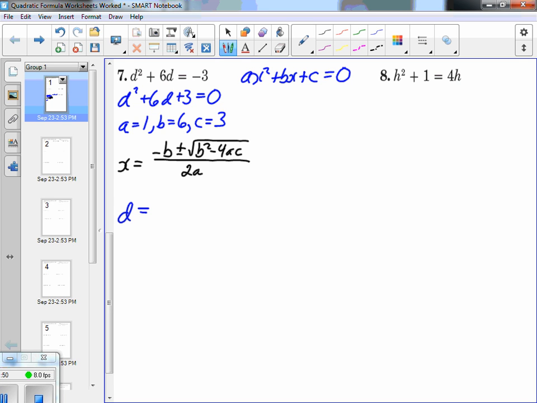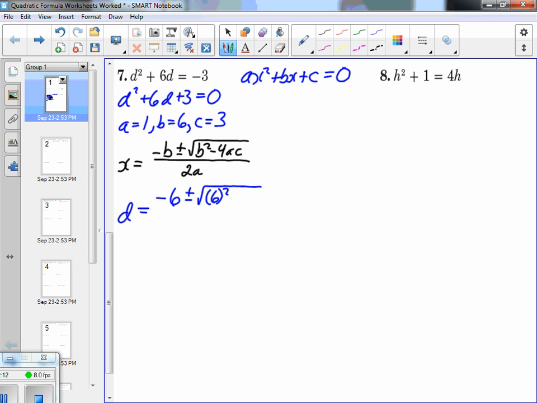all right, then here we go. We start substituting in. Negative b, so a negative sign, and then we've already decided that b is 6. So negative sign, 6, plus or minus the square root of b squared. Well, again, b is 6. 6 squared.